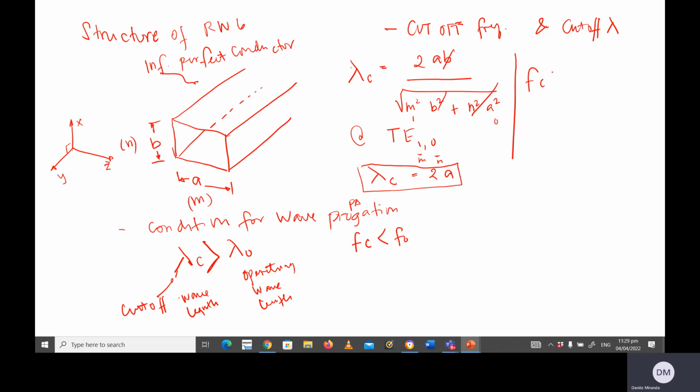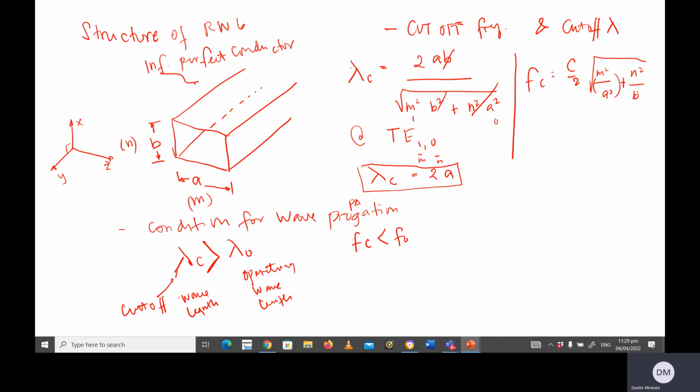And then in terms of frequency, okay, FC is equal to C over 2 multiply the square root of M square over A square plus N square over B square.